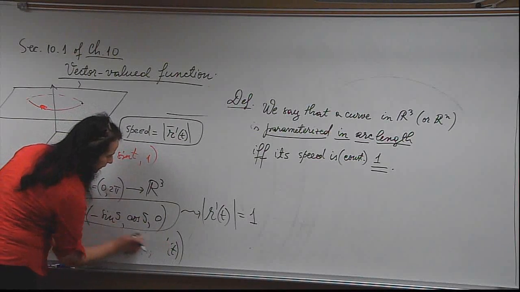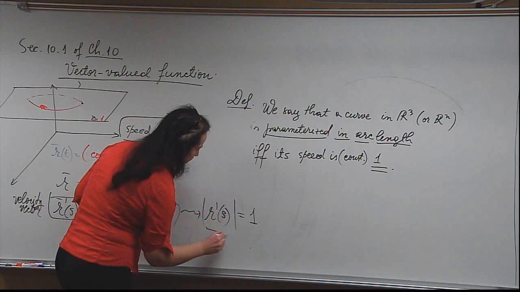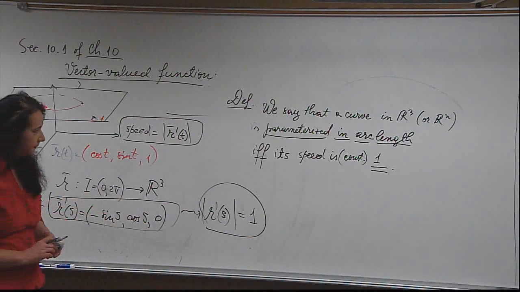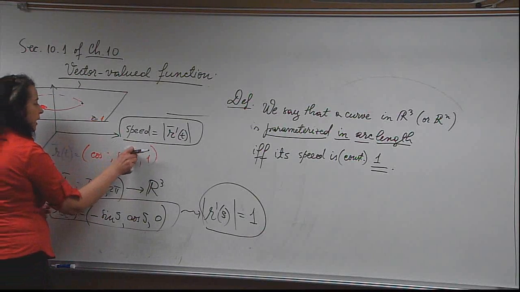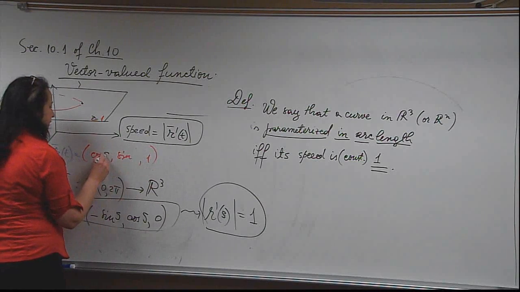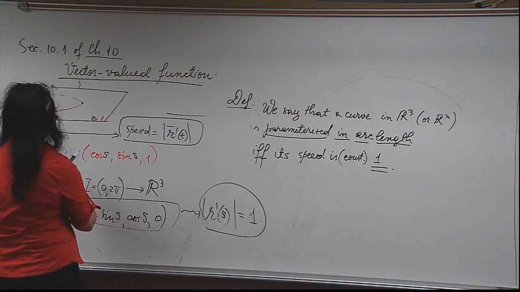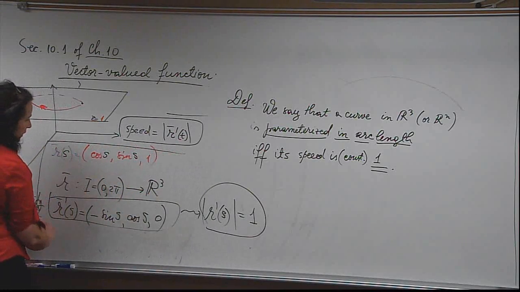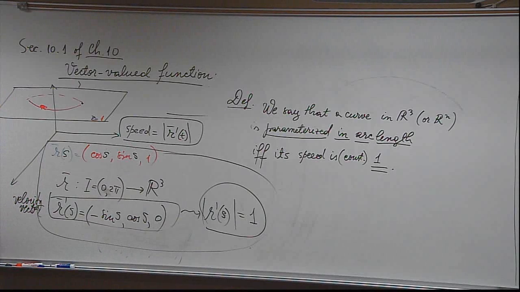Everything will be in s because we just discovered, Discovery Channel, that speed is 1. So there is something special about this s. In this example, you can rewrite the whole example in s, so you don't have to smudge the paper.